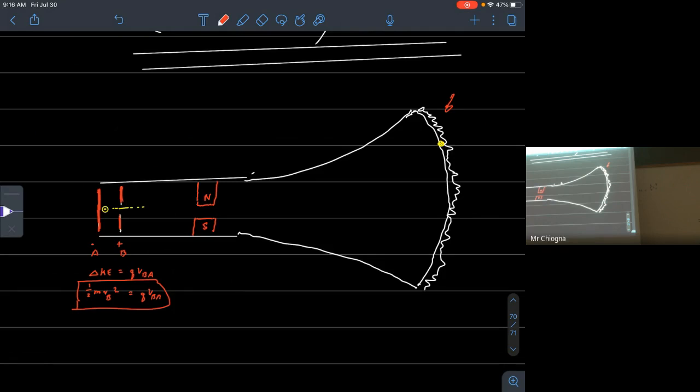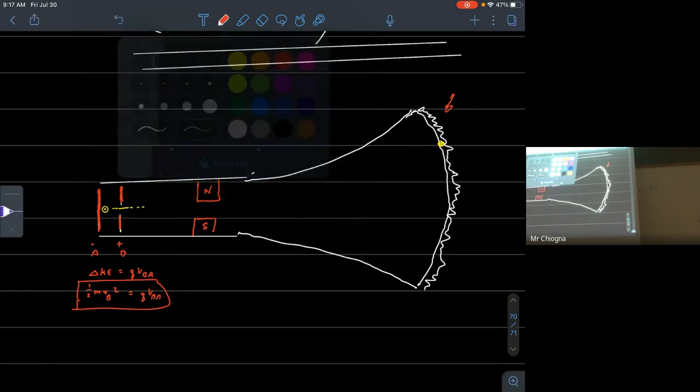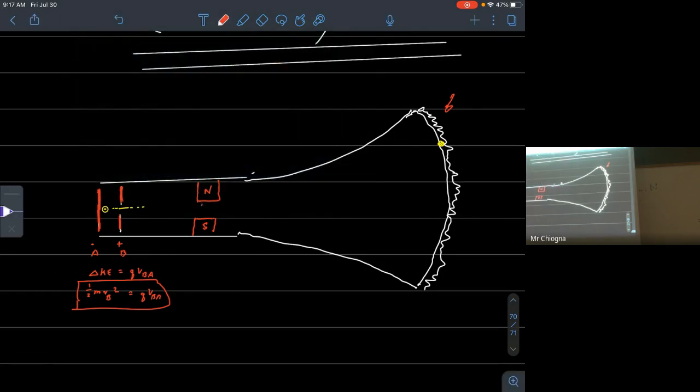So the electrons would pass through the magnetic field, which always runs from north to south. We could switch that direction and the intensity. We can make it as strong as we want. The stronger it is, the more the deflection.